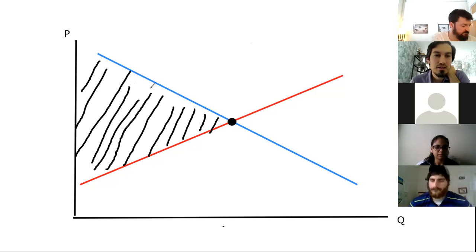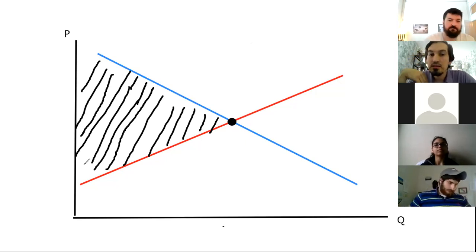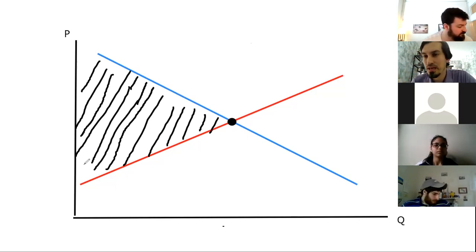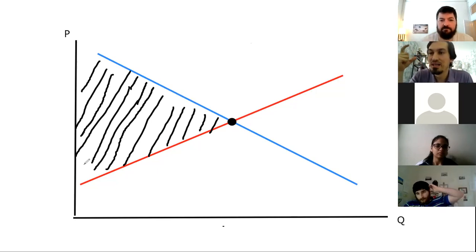Sorry, I'm trying to indicate that this is an area now, not just a line. That area is everything below the demand curve and above the supply curve. That represents in some way the benefit to society for this trade having occurred.